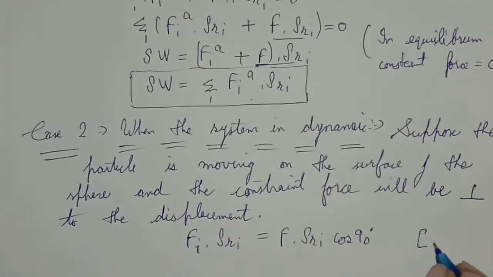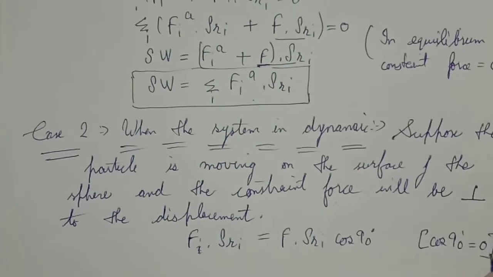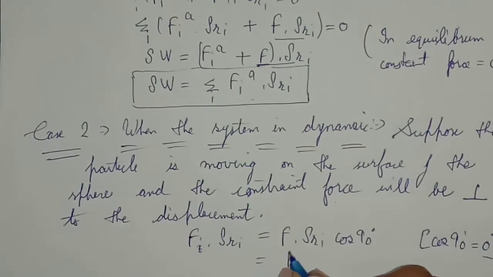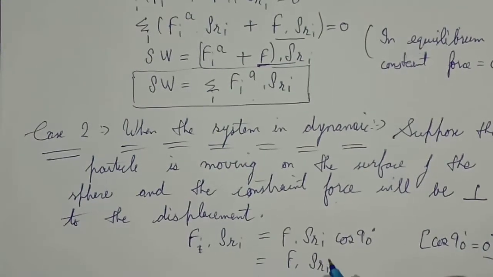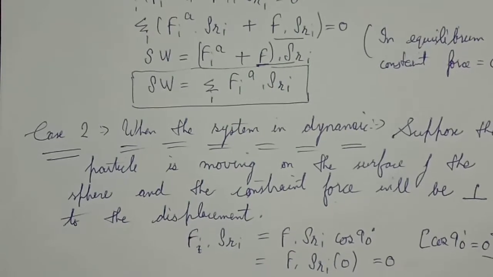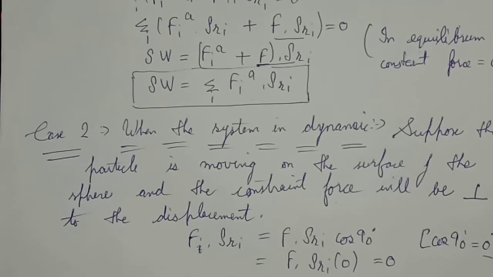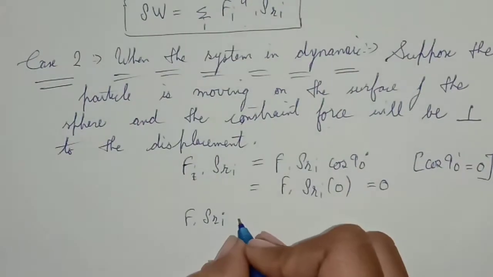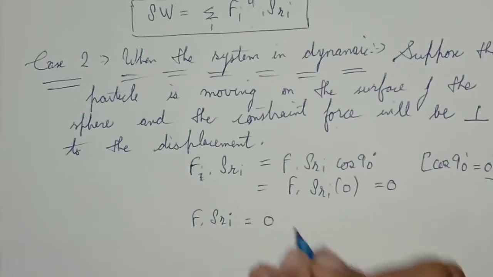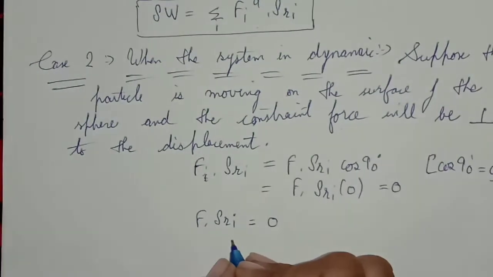So we know cos 90 degrees equals 0. Put the value of cos 90 here, and we get F dot delta Ri equals 0. So constraint force into virtual displacement equals 0.